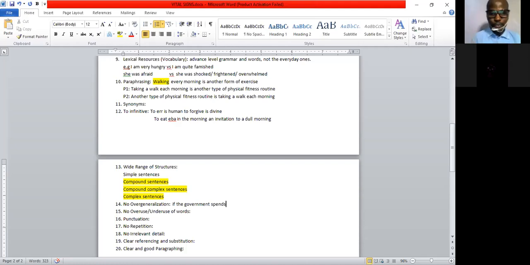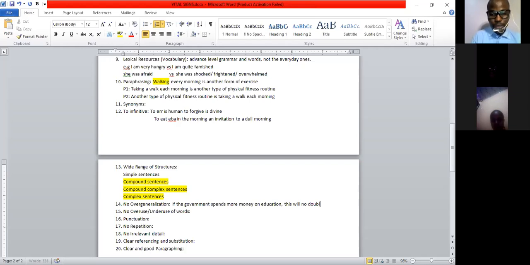If, for example, the government spends more money on education, then you are saying the result will, no doubt, be this. The emphasis is not on no doubt.